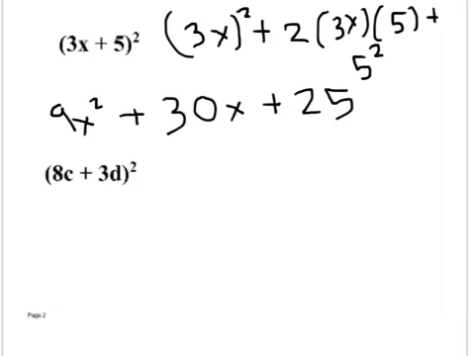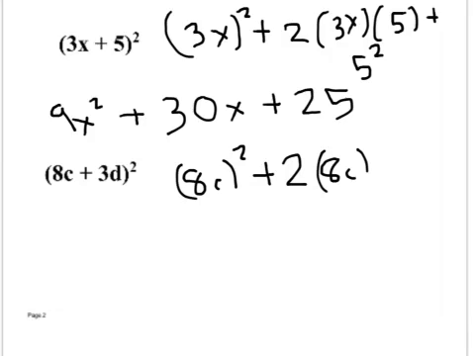So we have 8c plus 3d squared. So 8c plus 3d times 8c plus 3d. That's all we're doing. We take the first number squared. So 8c, I put in parentheses and square it because I have to square 8 and c. Plus 2 times the first number times the second number, plus the second number squared.